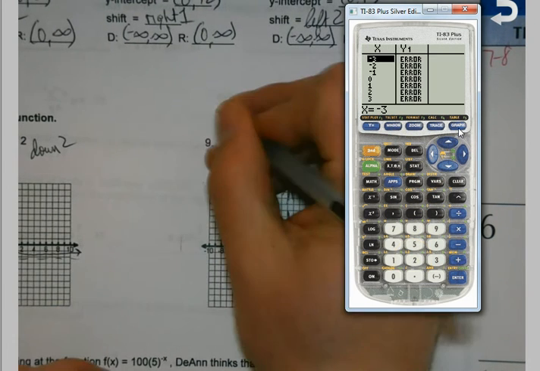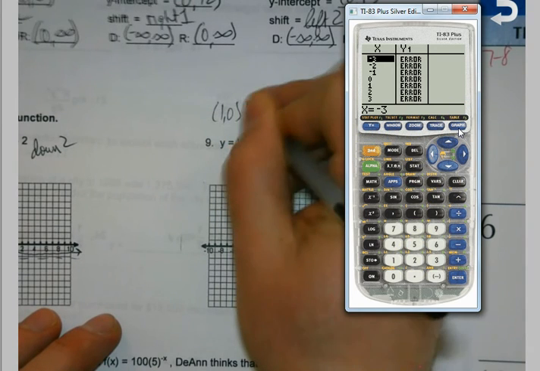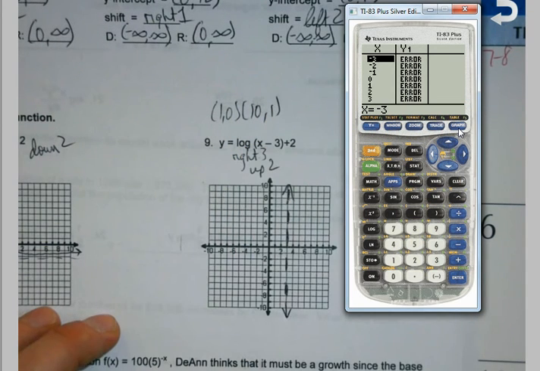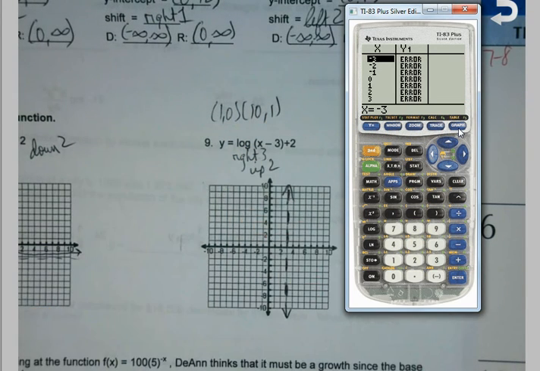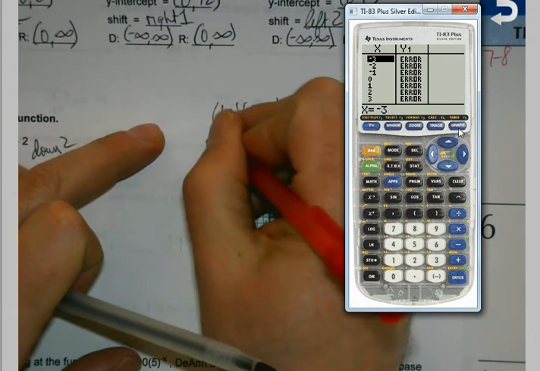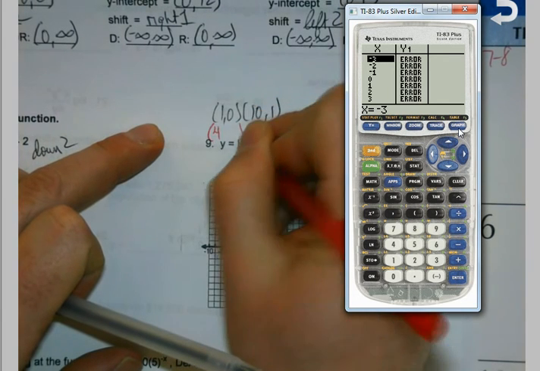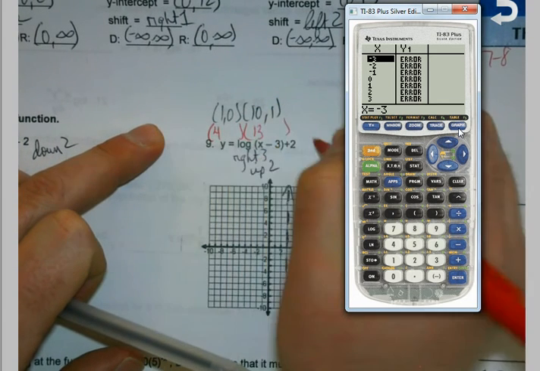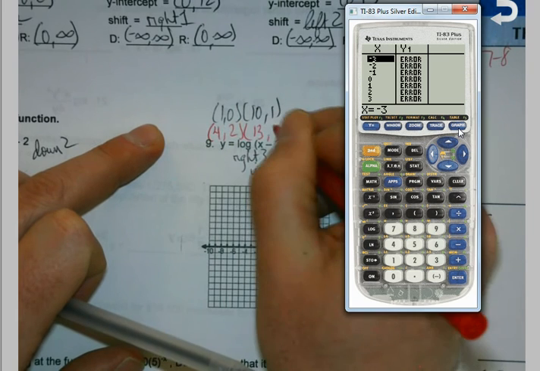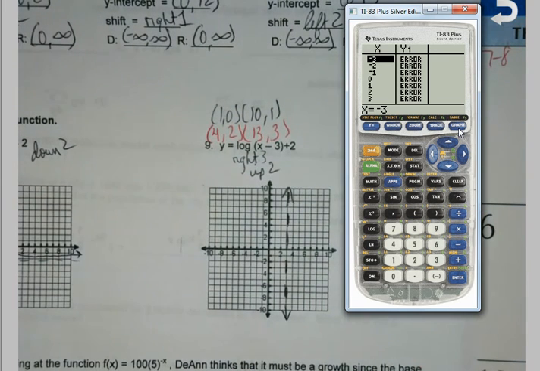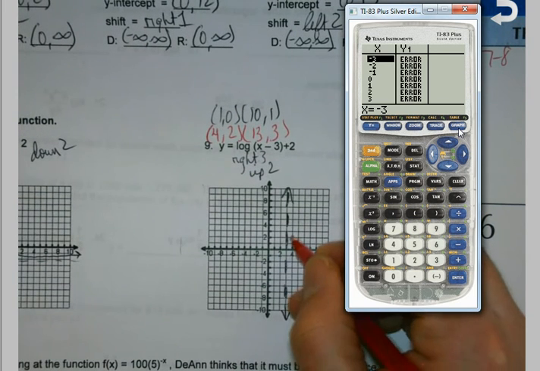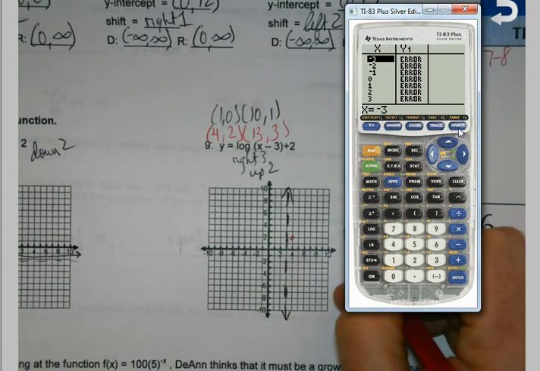Because if you remember before when we spoke about our critical values, (1, 0) and (10, 1). If I know the shifts for these, the right would change my x values, the up would change my y's. So my points would be at (4, 2) and at (13, 3).